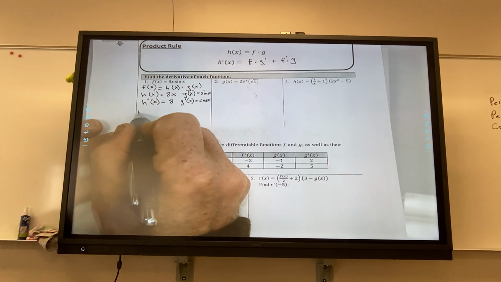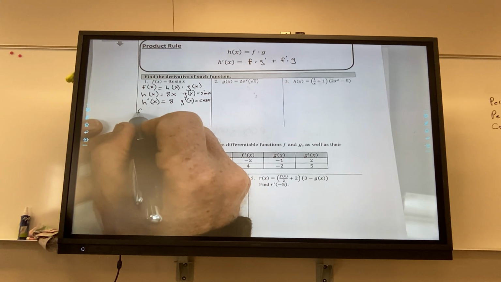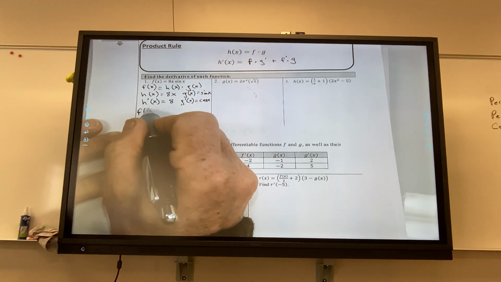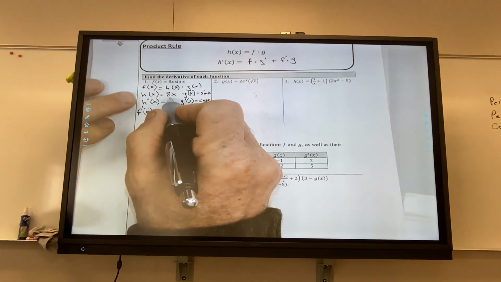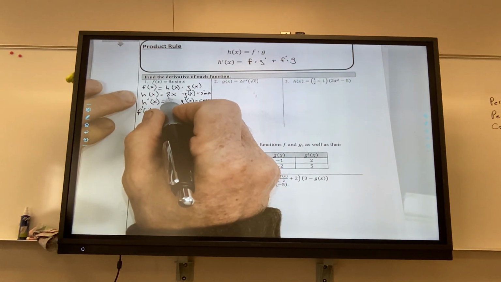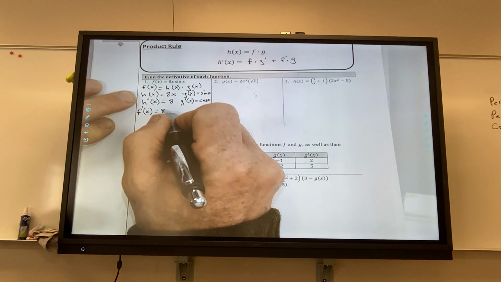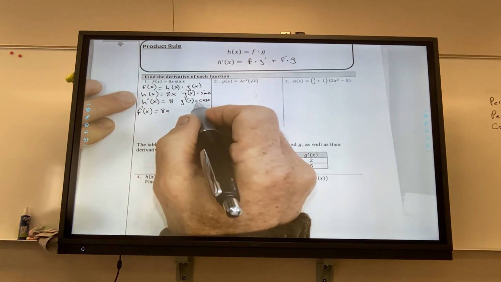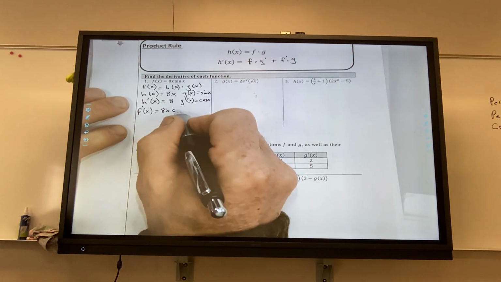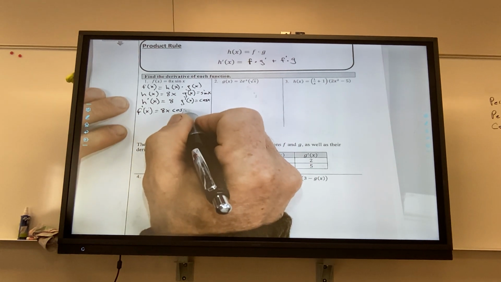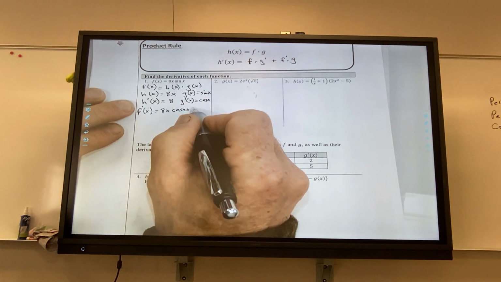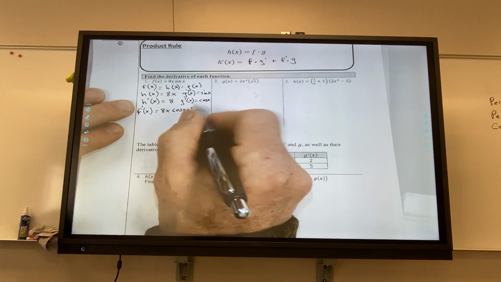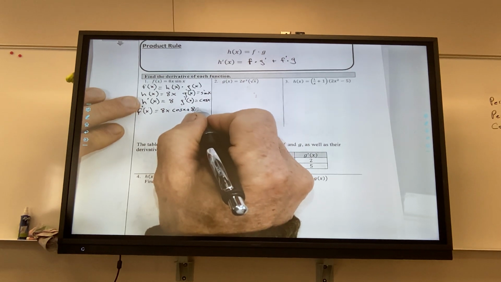So the derivative of f of x will be h, which is 8x, times the derivative of g, which is the cosine of x, plus the derivative of h, which is 8, times g, which is the sine of x.